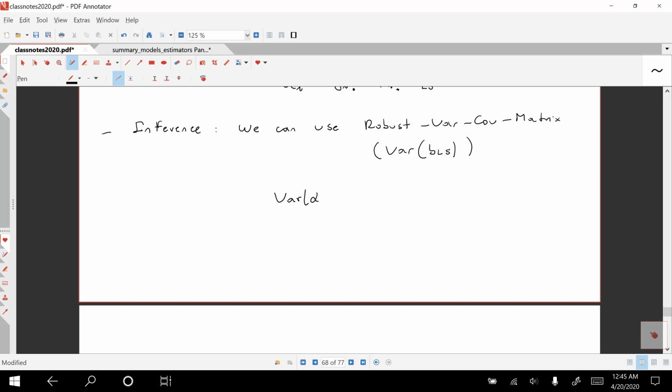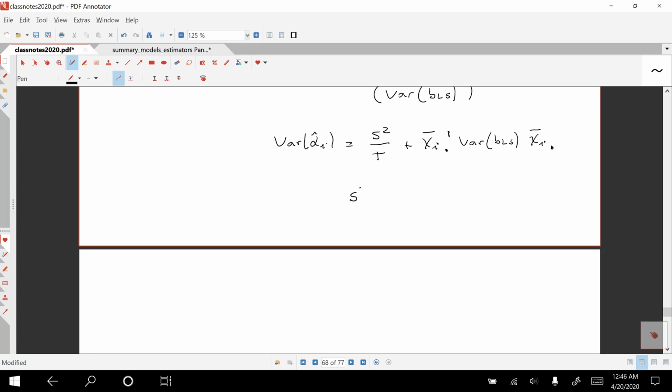The variance of alpha_i hat is going to be equal to sigma squared over T plus x_i bar prime times the variance of beta hat times x_i bar. That variance could be estimated using OLS, or we could use a heteroscedasticity consistent covariance matrix. And what is this sigma squared? It's an estimate of the variance of the error terms for all of the observations.